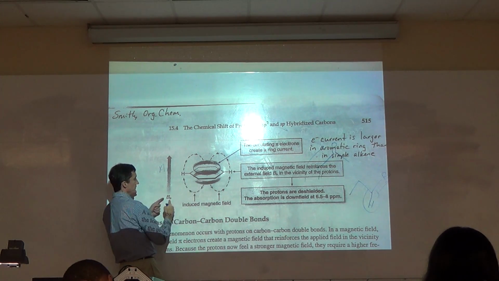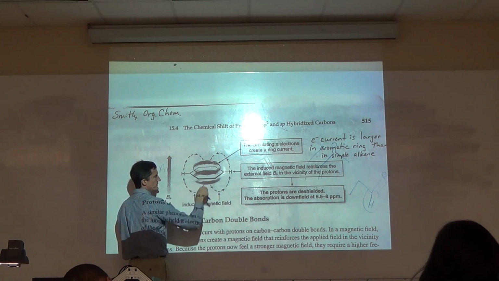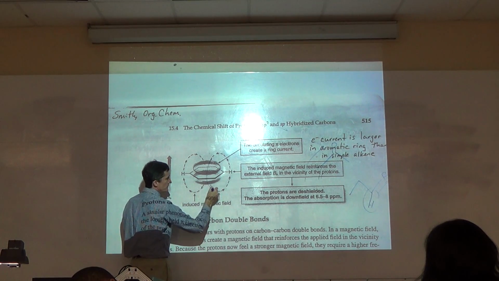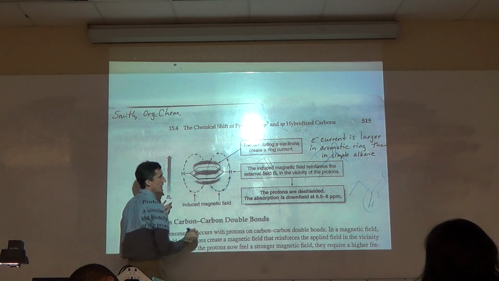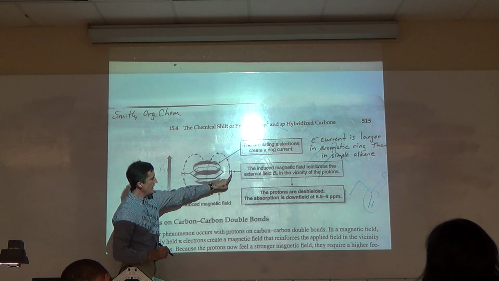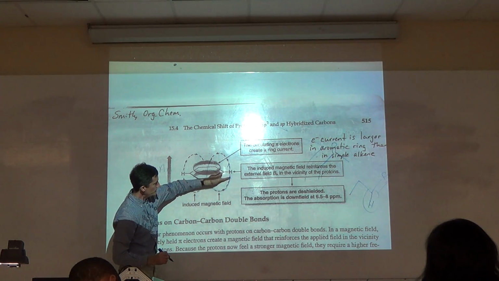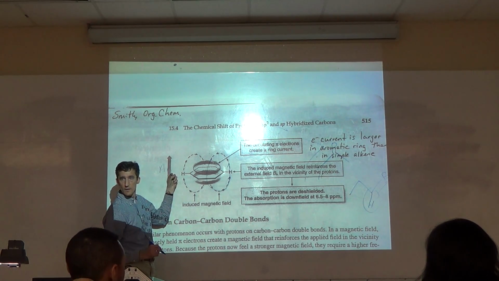In the pi system, this is the external magnet. It sets up field lines, and the electrons circulating here set up field lines that do this. See the arrows? And out here where the H is, is this field opposing this or adding to it?